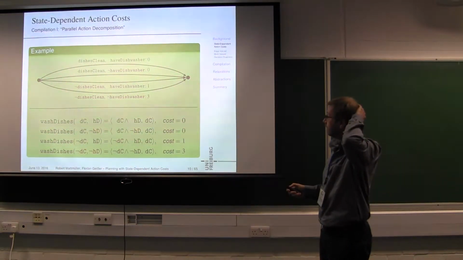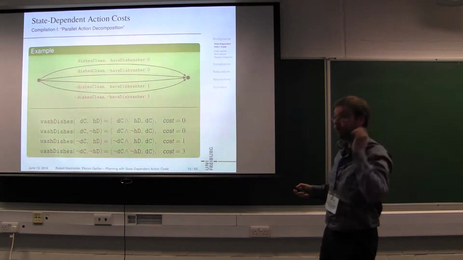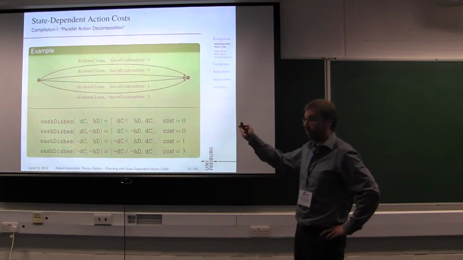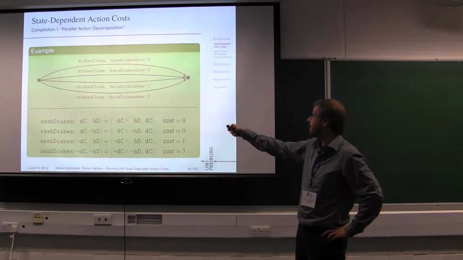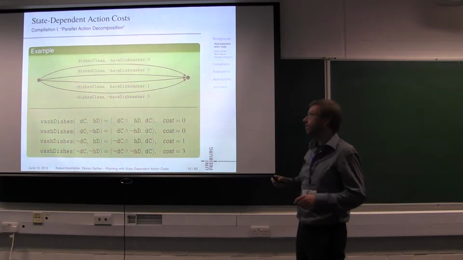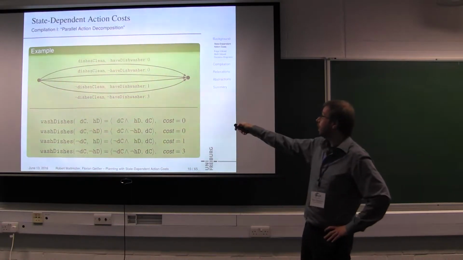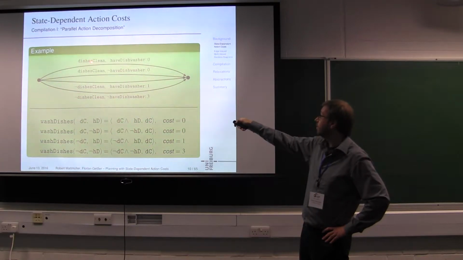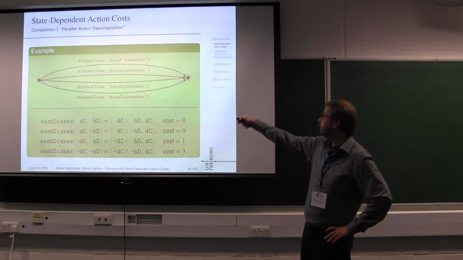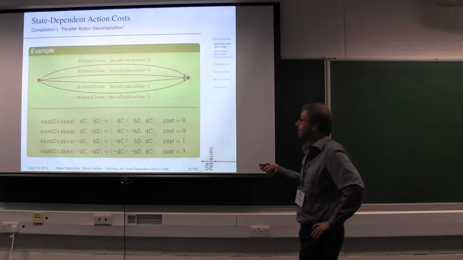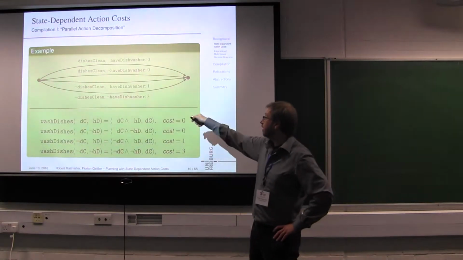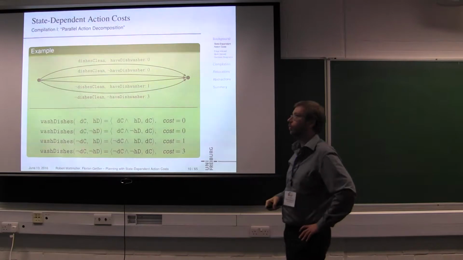That's the dishwashing action that depends on 2 variables, whether the dishes are clean and whether we have a dishwasher. So we have 4 combinations of them, and if the dishes are clean, it costs 0 no matter if you have a dishwasher or not. And if the dishes are dirty, it either costs 1 if you have a dishwasher or 3 if you don't have one. And now you can simply turn each of these arcs here into a new smaller action.